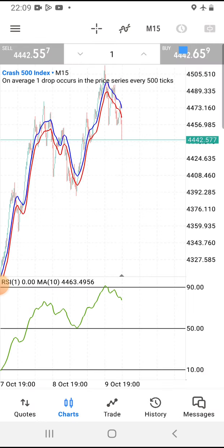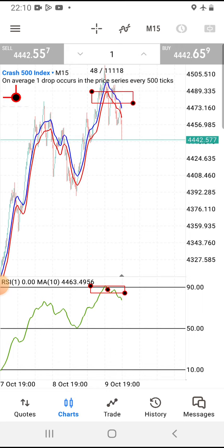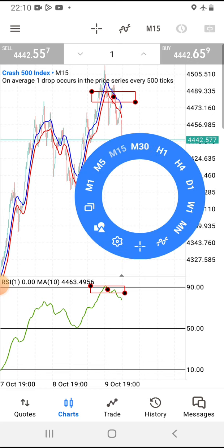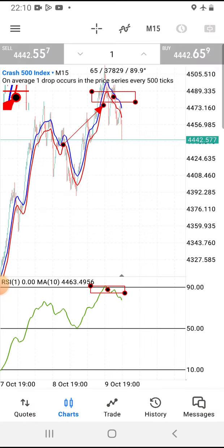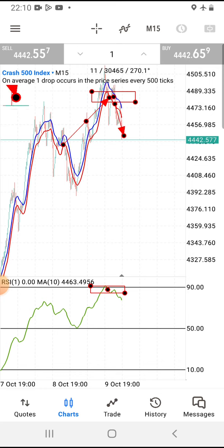You can see that a few minutes ago our green line did reach our resistance point, and we also managed to see that our market went below our red line right around here, and anywhere around that box you could have entered your sell trade, and you can see that you'd be in profit. This is the current situation on Boom 500. If you manage to pick this trade up, you'd still be profitable.